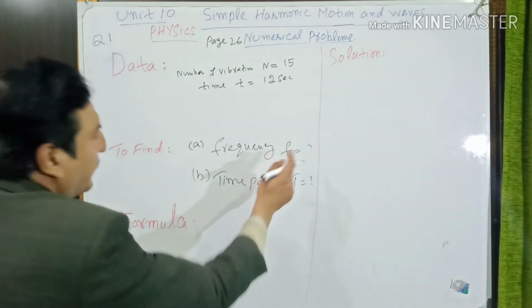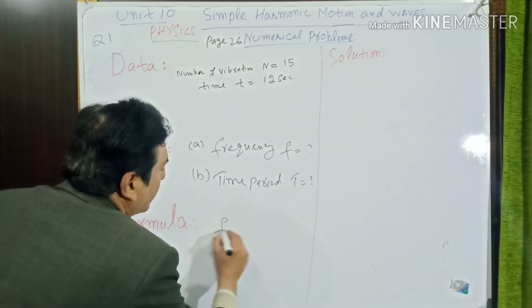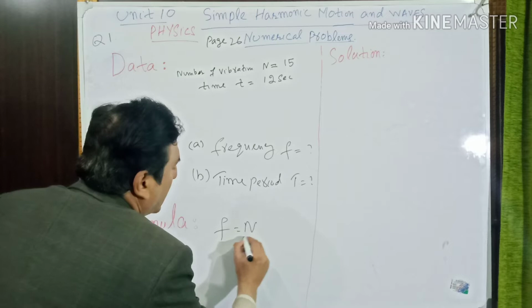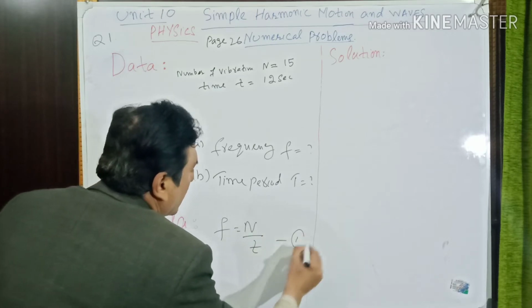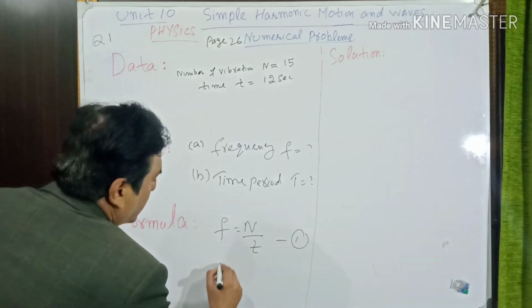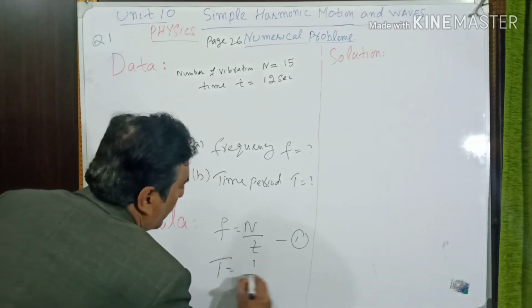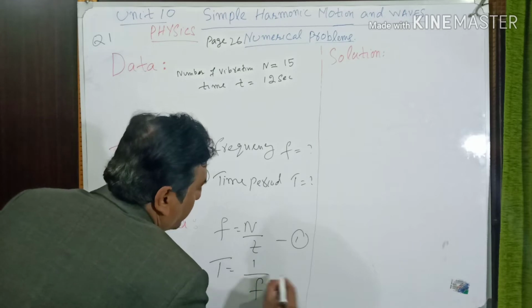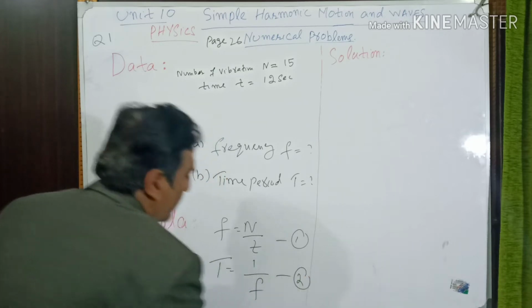The formula for frequency F is equal to N by T, and for time period T is equal to 1 by F. Time period is the reciprocal of frequency.